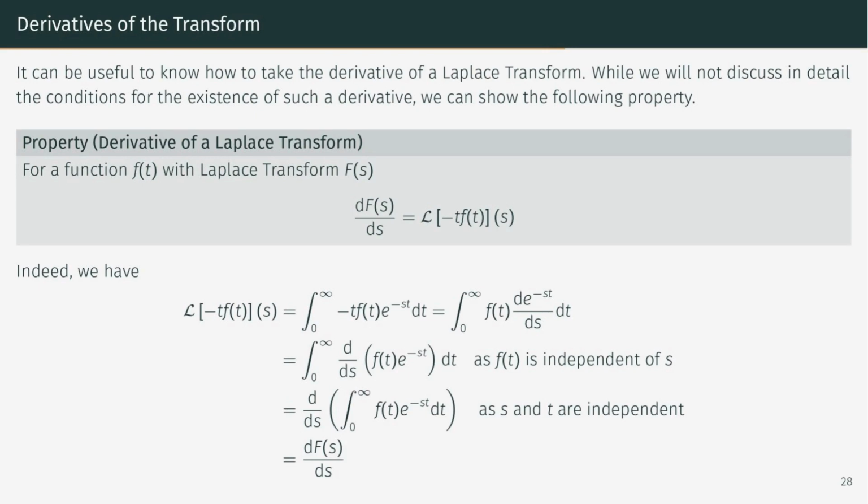This then equals d/ds times the integral of f(t) e^(-st) dt from 0 to infinity, since t and s are independent. And solving the integral, we find that this in fact equals dF(s)/ds.